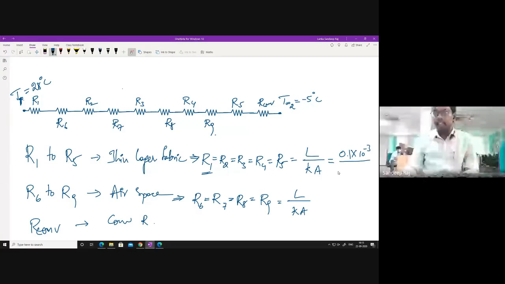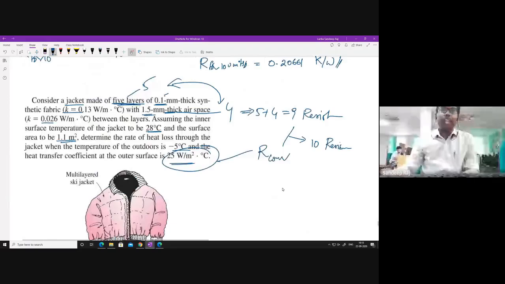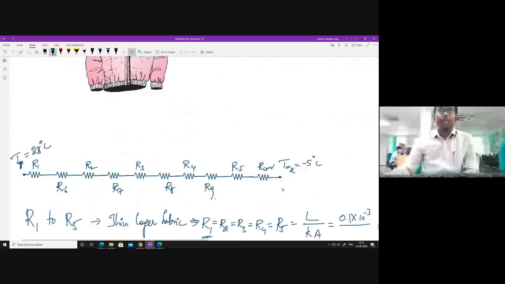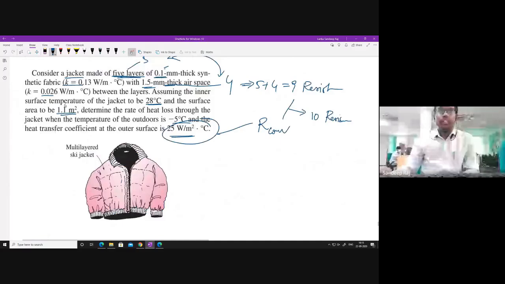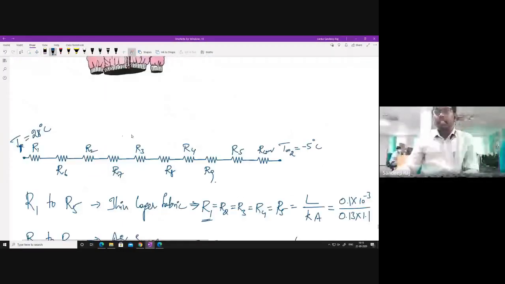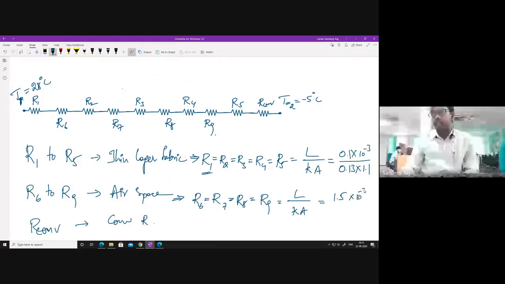The K value of the synthetic fabric is given as 0.13, and the area is given as 1.1. And for this one, the thickness is given as 1.5, so let me substitute that 1.5 in meters.